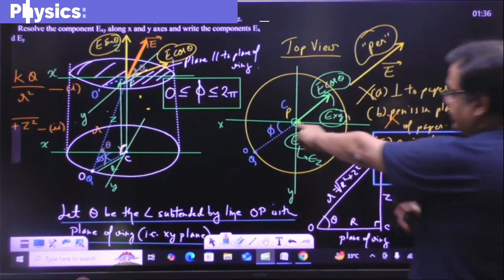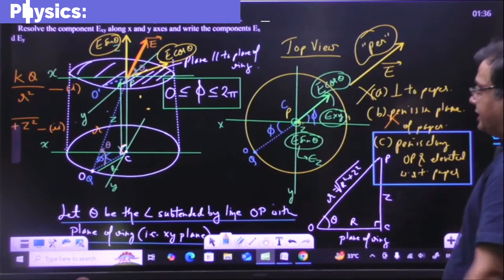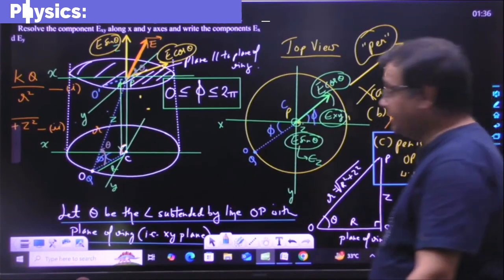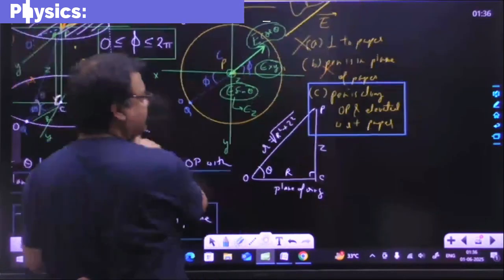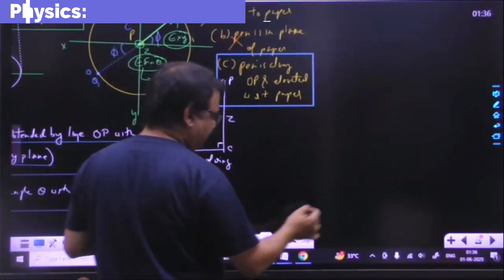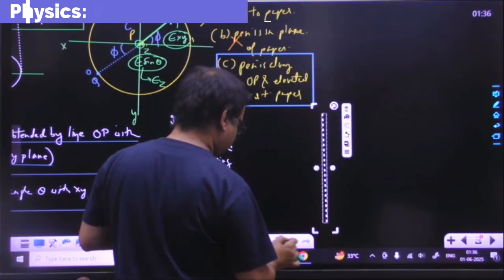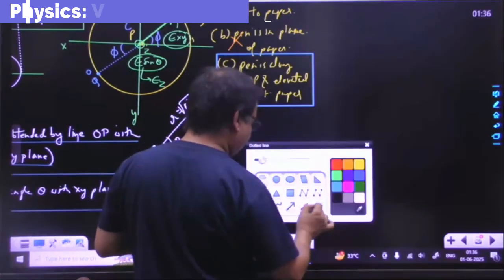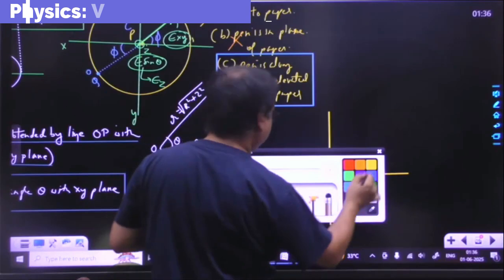Now if this angle is phi, this angle will also be phi. If you want the x component and y component, then you have to further resolve the component E cos theta.